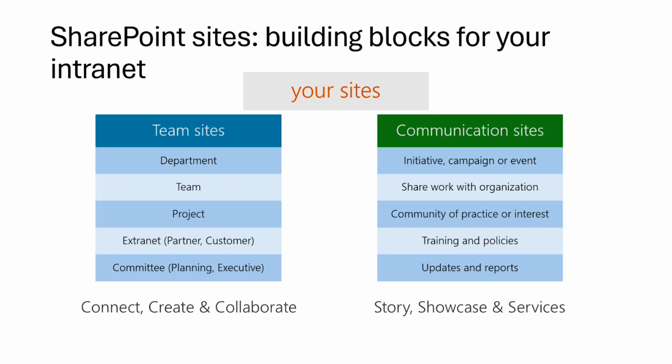Some examples: human resources would probably usually be a communication site, versus a mathematics department would be a team site. And it goes along with what's been talked about before, where SharePoint also sits as the back end for OneDrive.